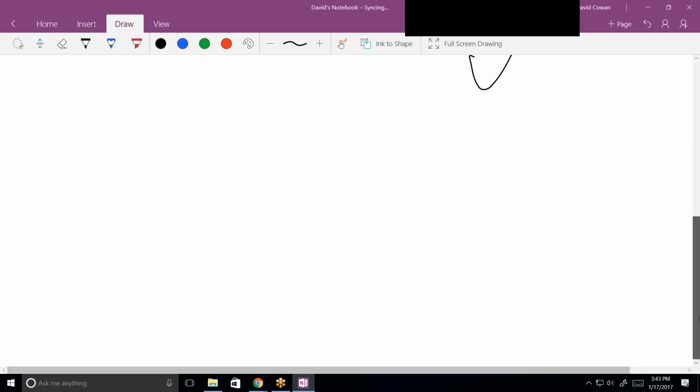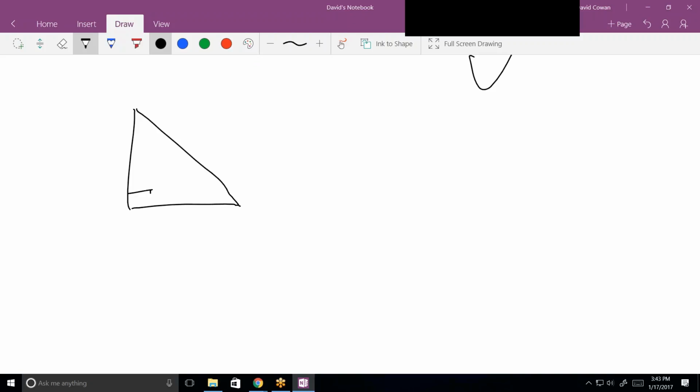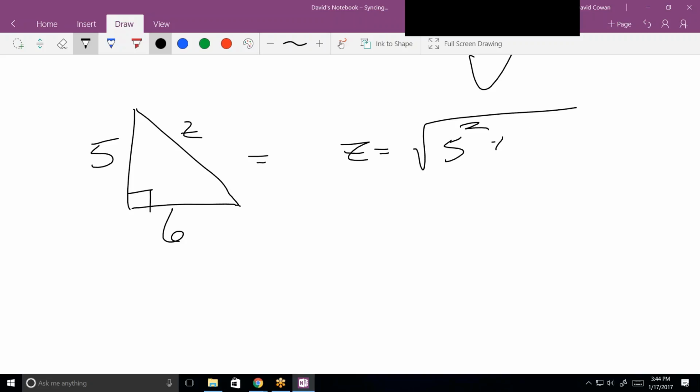And you know what? I'm just going to keep giving you some of these because there is nothing that's going to help you more than doing these. What's Z? Square root of 5 squared plus 6 squared. Okay.